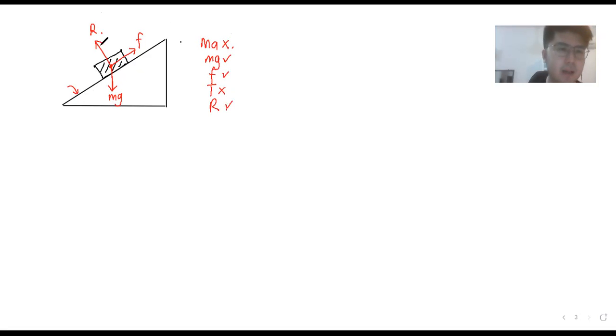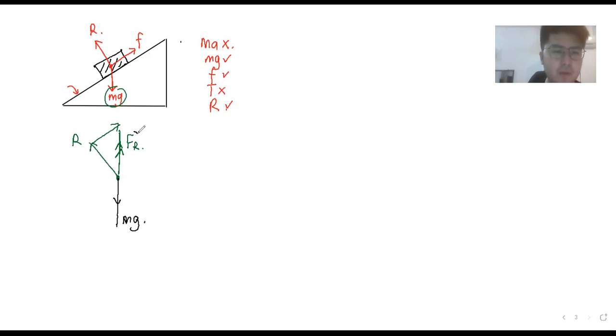You see, reaction in this direction, friction in this direction. If I add these two up, I will get a resultant force upward, Fr, and you can see there's a third force, mg, acting downward, and that is the force that balances my resultant force.